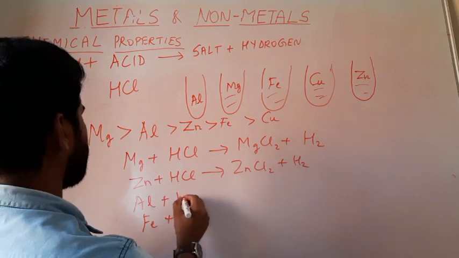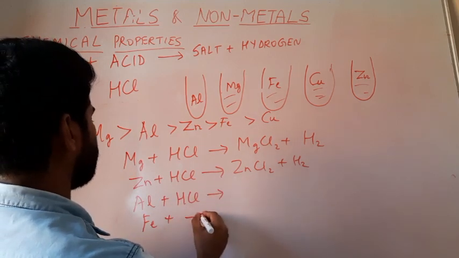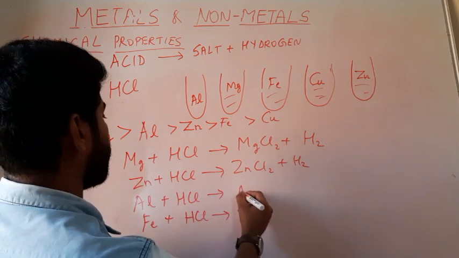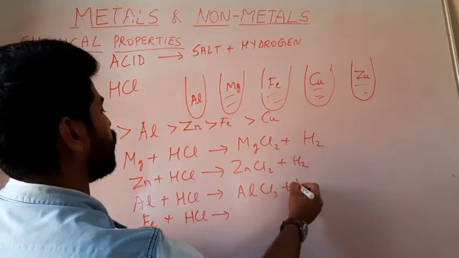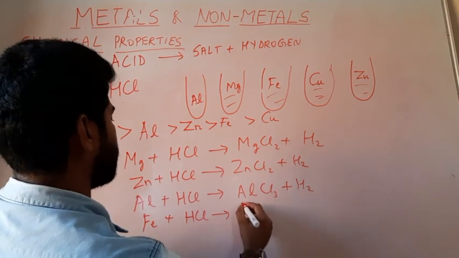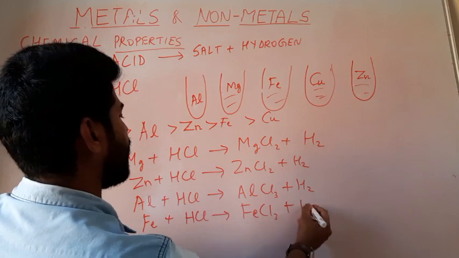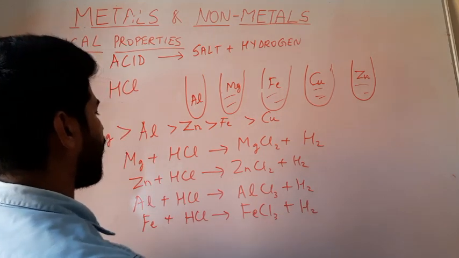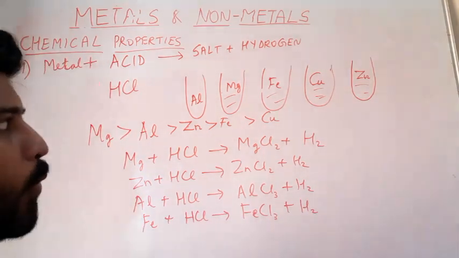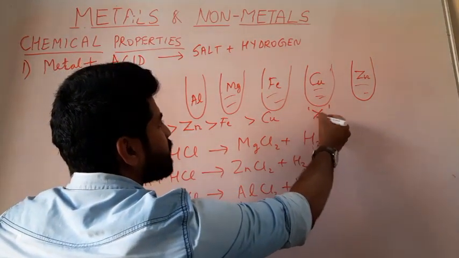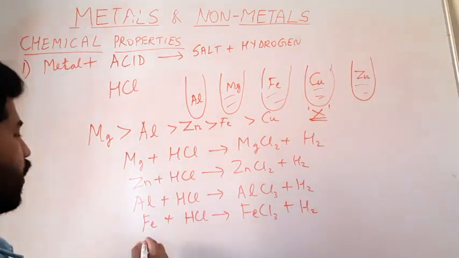Al, Fe, give you aluminium chloride plus hydrogen, and this will give you ferric chloride plus hydrogen. Whereas in the case of copper, there is no reaction at all.